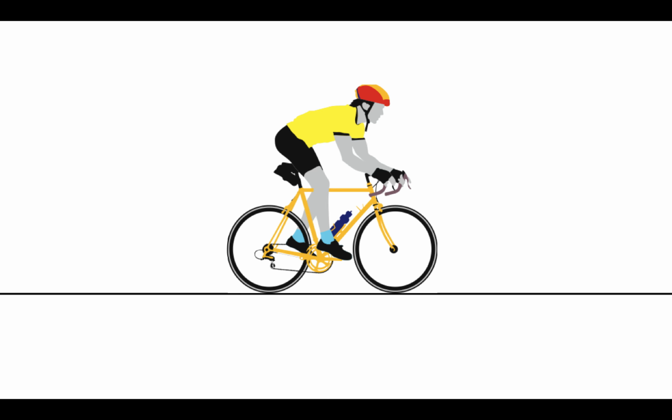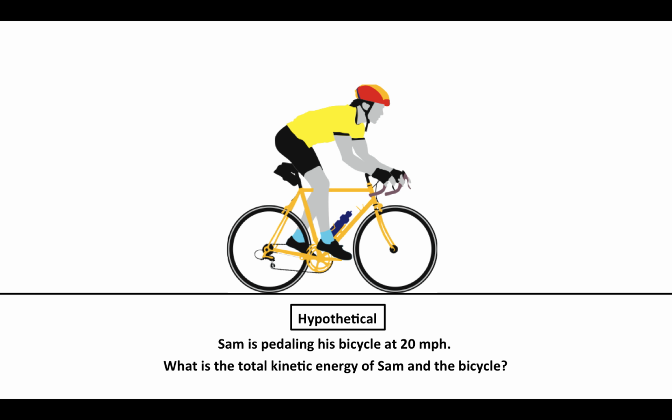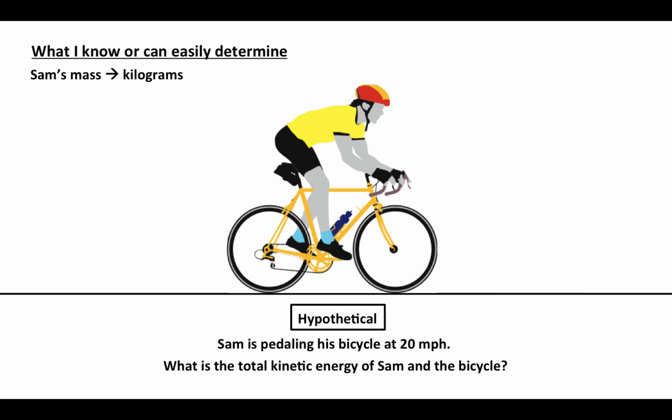Let's work through a hypothetical, which is that Sam is pedaling his bicycle at 20 miles per hour. What is the total kinetic energy of Sam and the bicycle? With respect to translational kinetic energy, this is what I know or can easily determine. One is Sam's mass in kilograms. I have a conversion factor: 1 pound equals 0.450 kilograms.